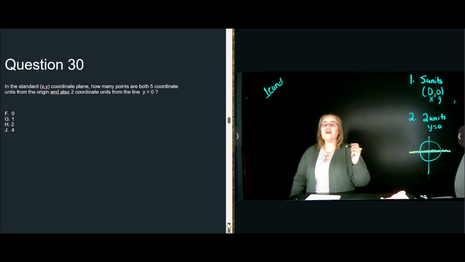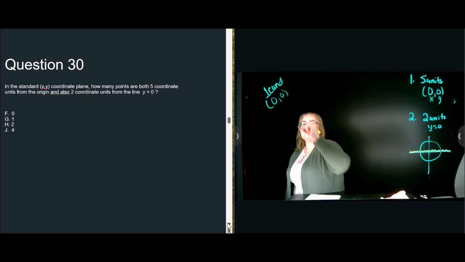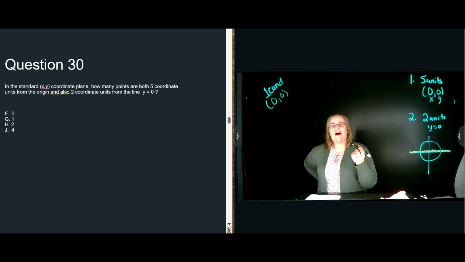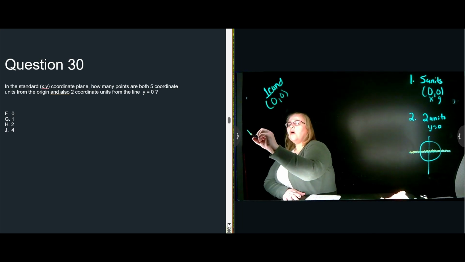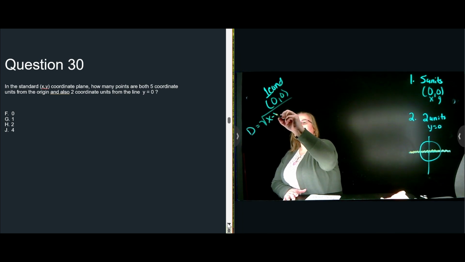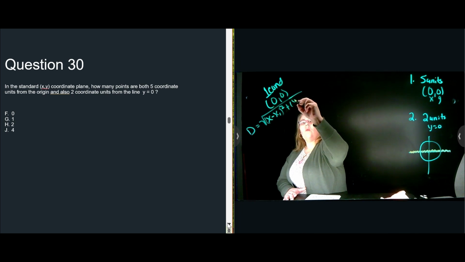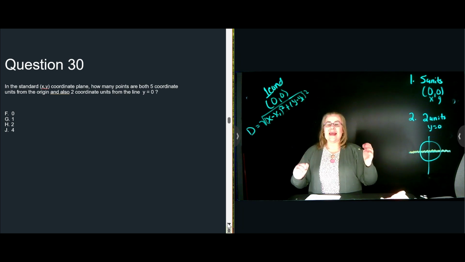So I need points 5 units away from this origin of 0, 0. So 5 units away is the distance that we're looking for. Now, we all remember what distance was. Distance is the square root of (x minus x1) squared plus (y minus y1) squared. Well, what is my x1 and y1?